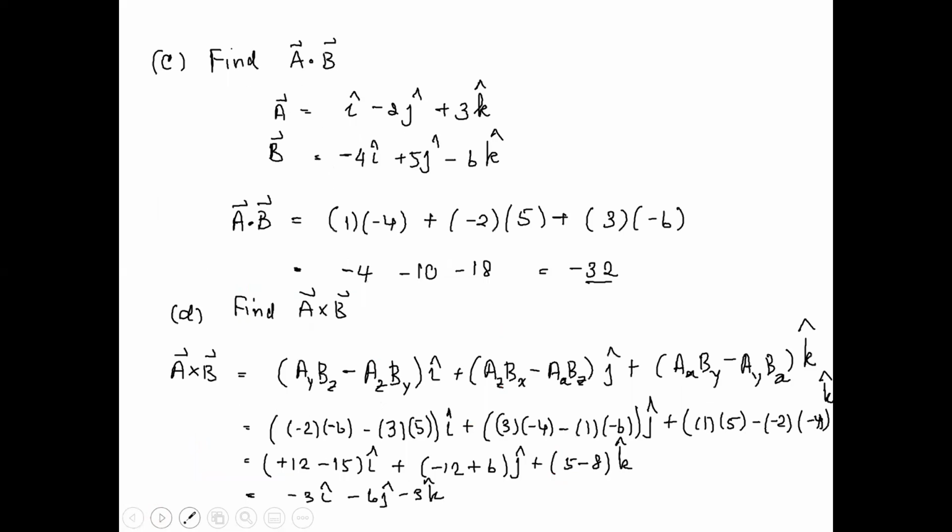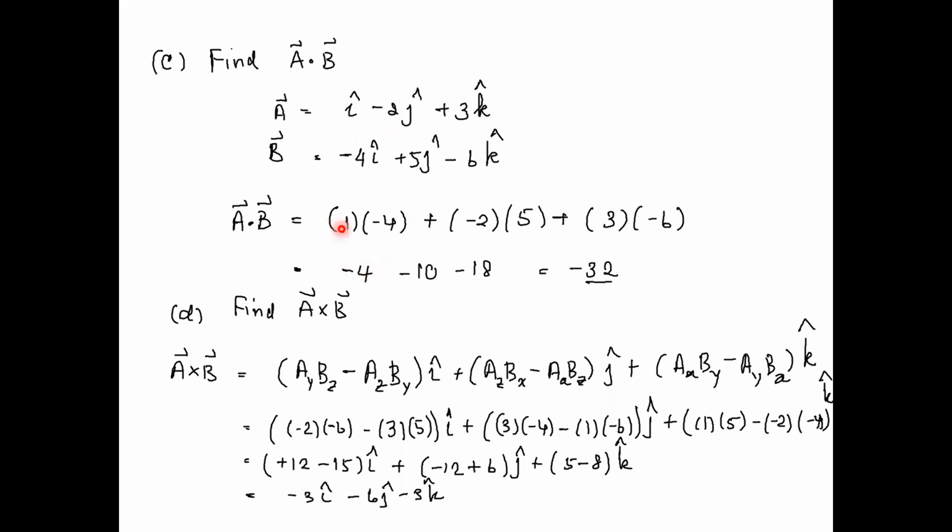Now the other one is the dot product. A dot B, with A equal to 1i minus 2j plus 3k, and B equal to minus 4i plus 5j minus 6k. For the dot product, you take the same positions: AX times BX, AY times BY, and AZ times BZ.